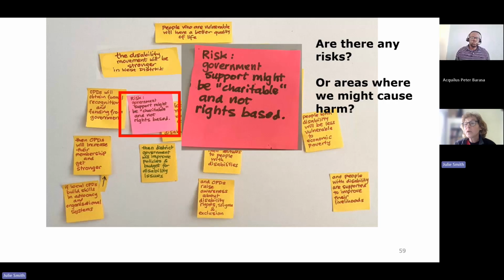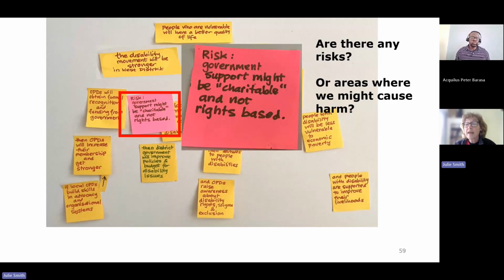So, yeah, so we look at this group and there's one risk that the government's approach might be too charitable, right? So they might give out blankets at festival times to everybody with a disability, but their approach might not be rights-based. So that's a risk.